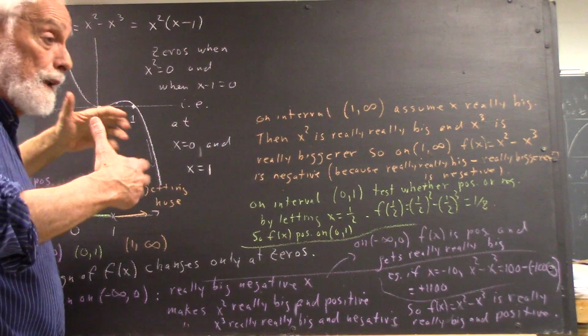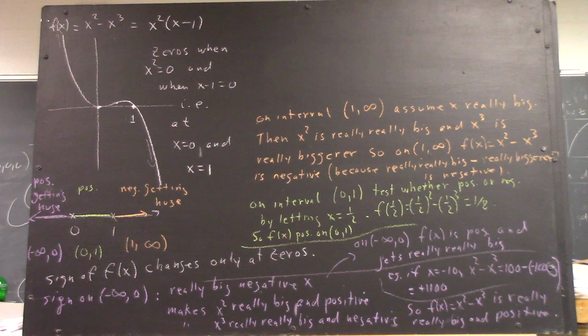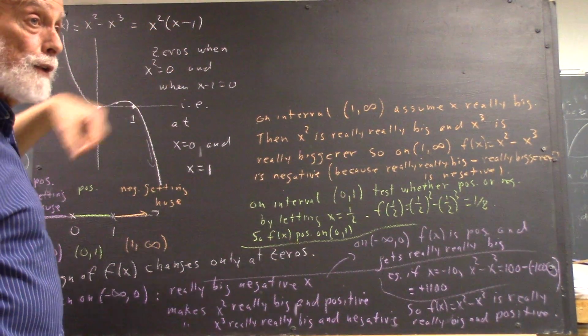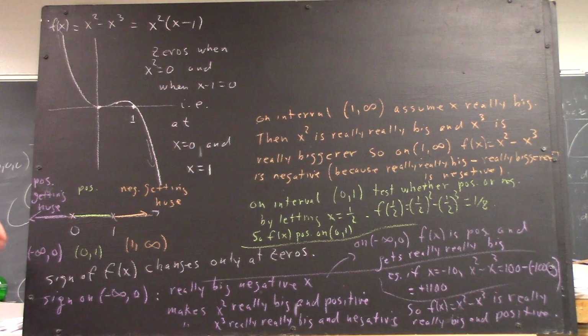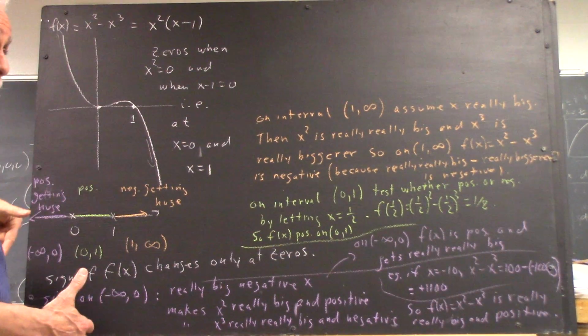Well, if x is really big, x minus 1 is still really big. And we conclude that if x is huge, this is really humongous. So as we go to the left, the function has to get really big. Now, maybe big positive or big negative.